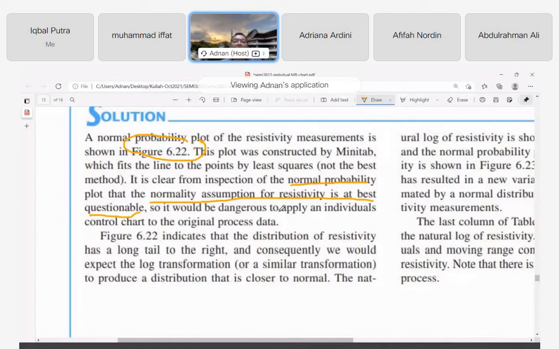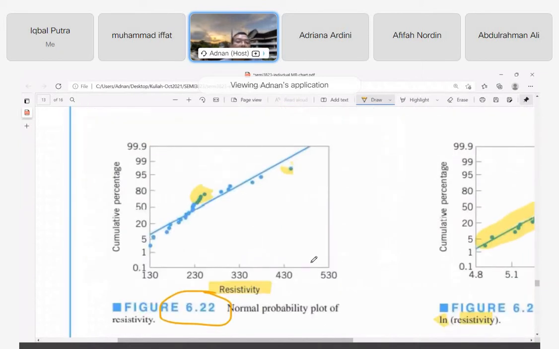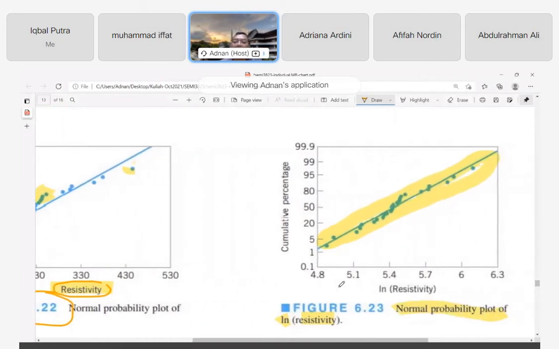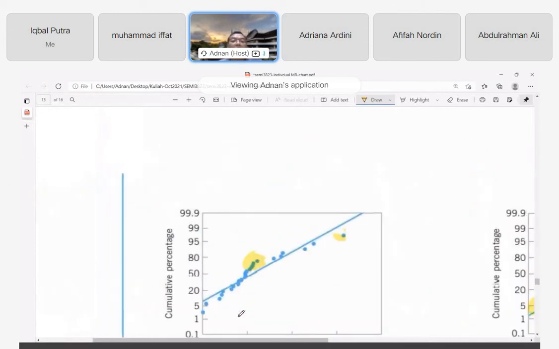It would be dangerous to apply an individual control chart to the original process data. Because this is original data, that's resistivity. So that's why we take the natural log of the original data instead of using the raw data.